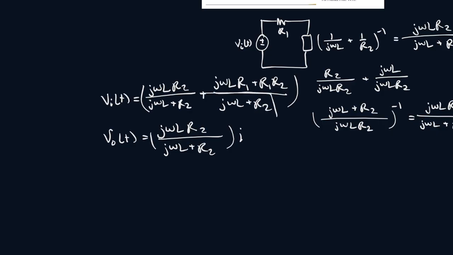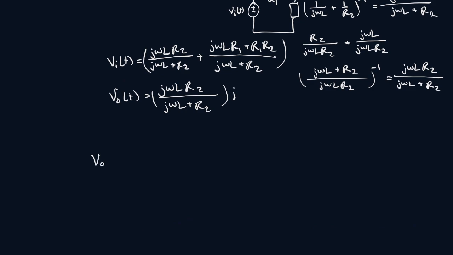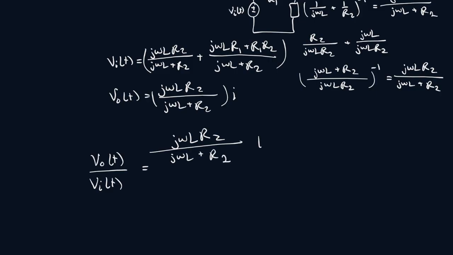So now you can combine these two. Our transfer function VO of t over VI of t will be JWL R2 all over JWL plus R2 times I, all over, since the bottom has like terms, we can combine these two.